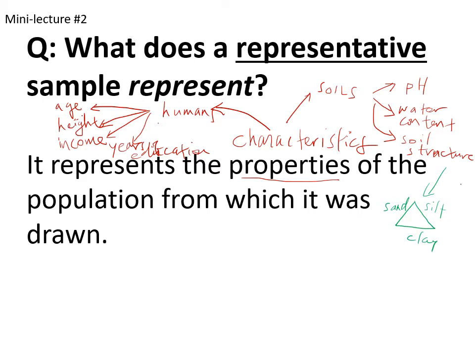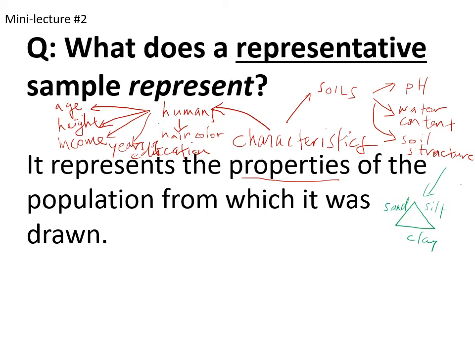So we could also ask questions like hair color, or ethnicity or race or language spoken at home. And those are data that can also be converted into numbers, but they're less precise than measures like age, height, and income or years of education.